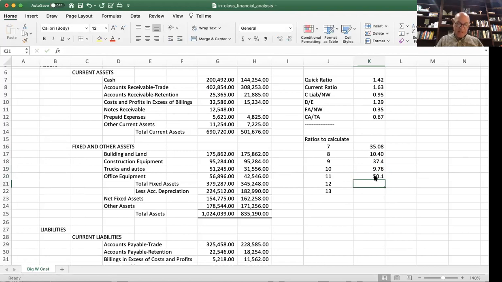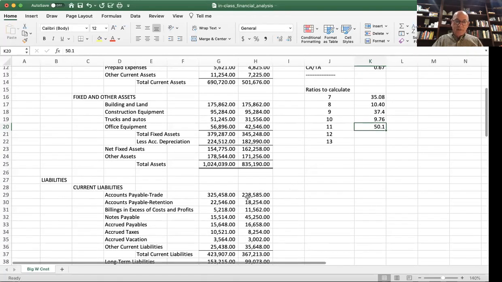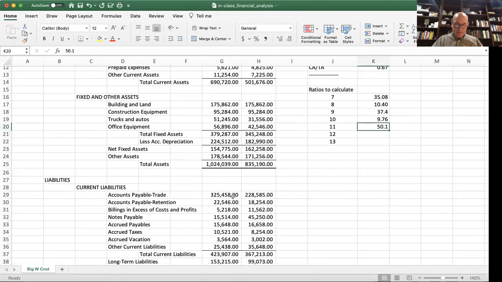And remember the accounts payable here. The formula, average age of accounts payable, that's number 11. The formula is the accounts payable times 365. And so remember the accounts payable, we're going to have to go down here and take accounts payable.